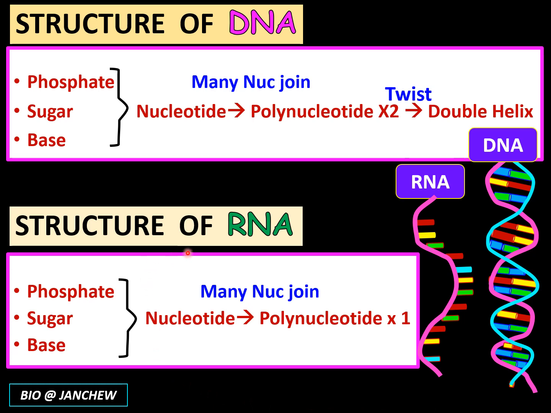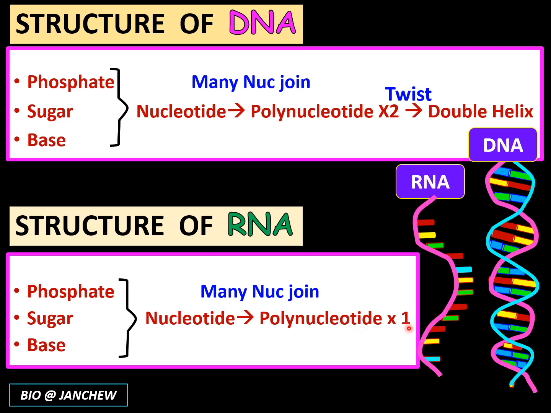Then the structure of RNA is simpler. A phosphate group, a sugar, a pentose sugar, and a base combine during condensation to form one nucleotide, which is the basic unit of both RNA and DNA. Then many nucleotides join together, as for DNA, and form one polynucleotide strand or chain.